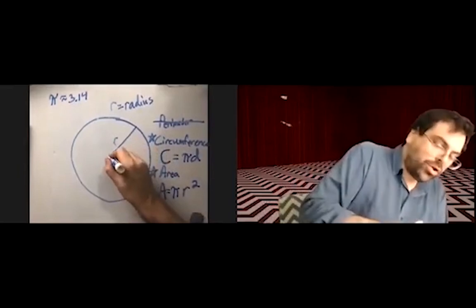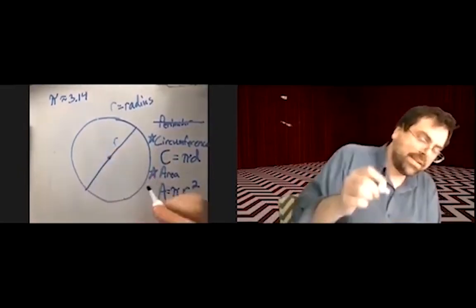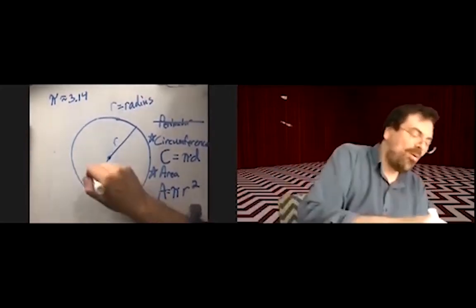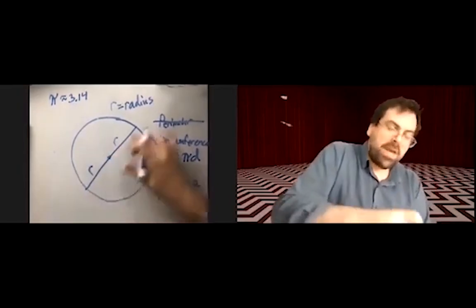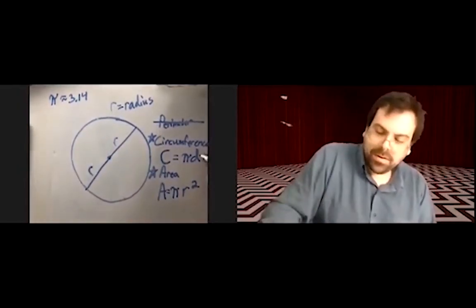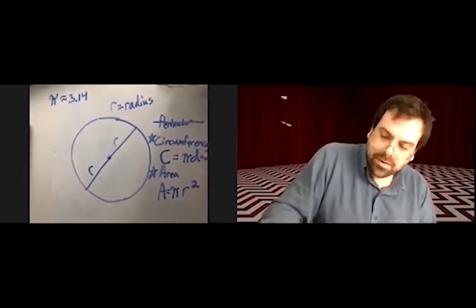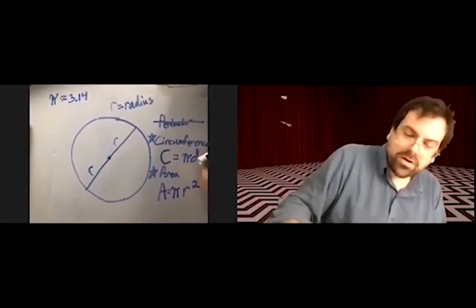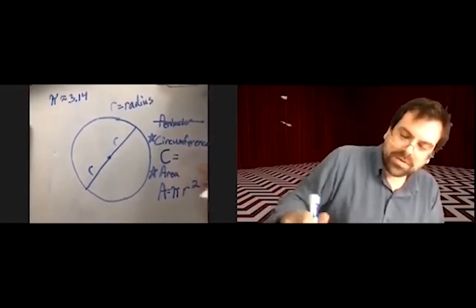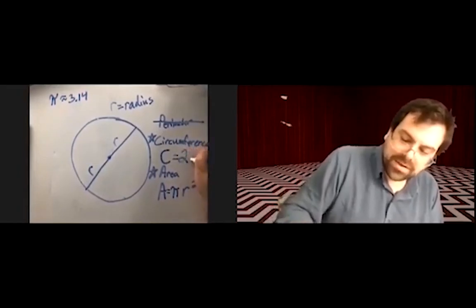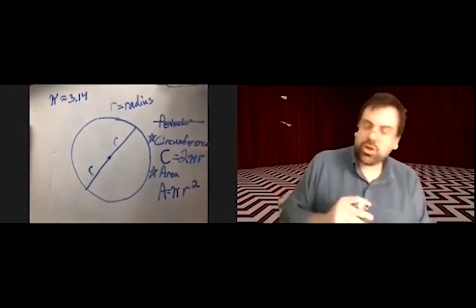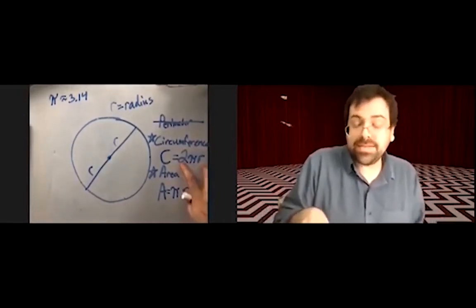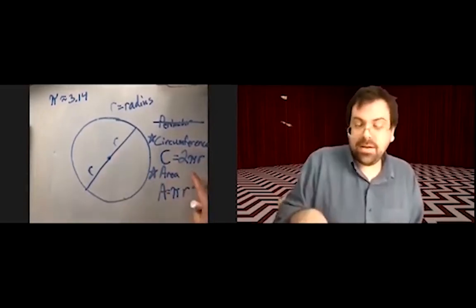Since 2 radiuses, the plural, by the way, is radii, since 2 radii make up a diameter, another formula you'll see for circumference sometimes is 2 pi r, because 2 times the radius, 2 radii, make up a diameter.